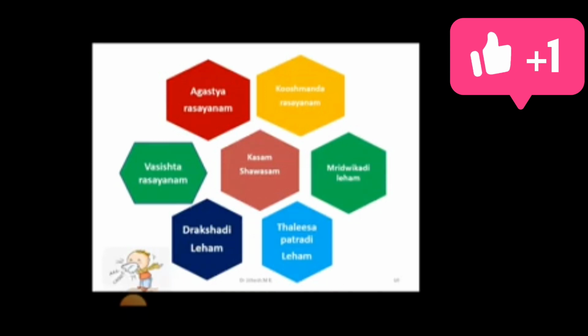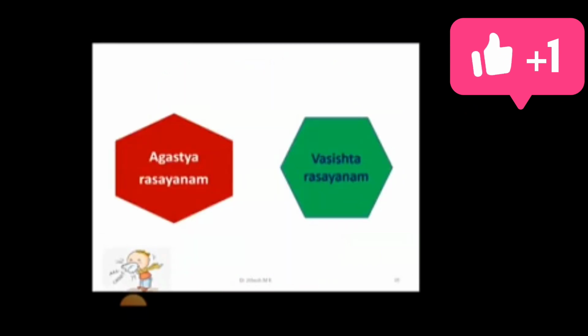Where do we have to give Agastya Rasayana? Where Mritunjayadi Leha, Drakshadi Leha, Kushmanda Rasayana? That we will see. For that purpose, we will compare Agastya Rasayana and Vasishta Rasayana, which have almost similar ingredients.